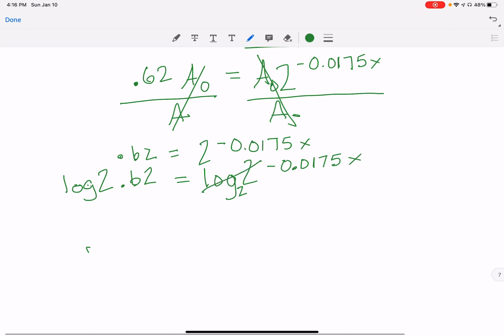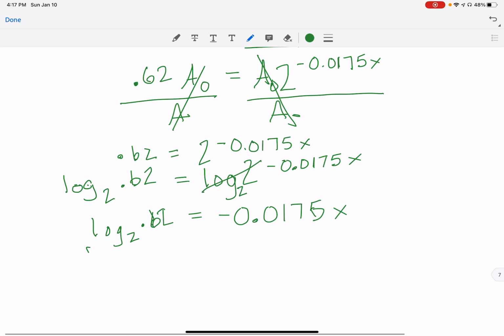That cancels those out, leaving us with log base 2 of 0.62 equals negative 0.0175x.